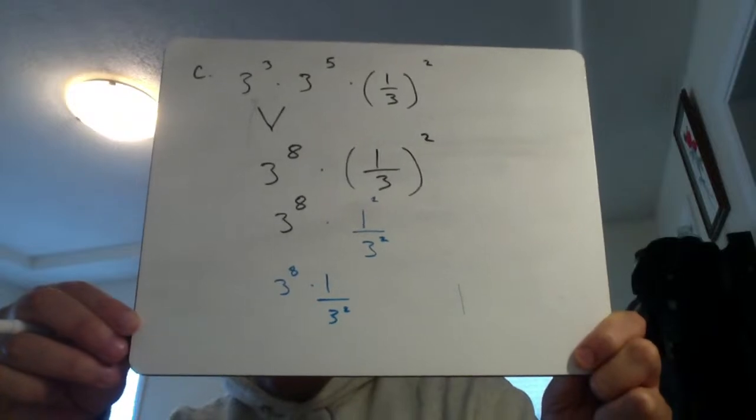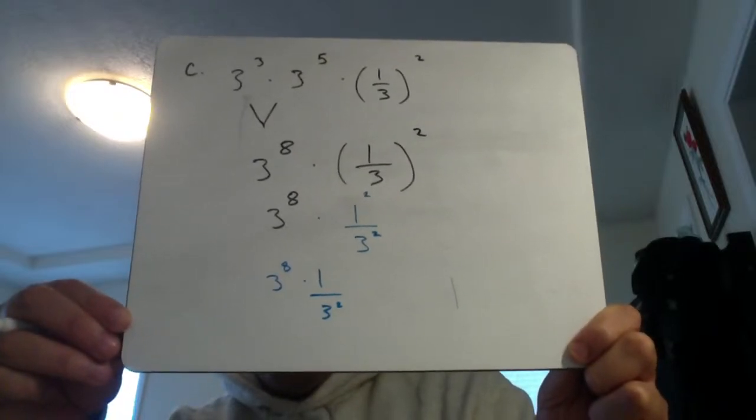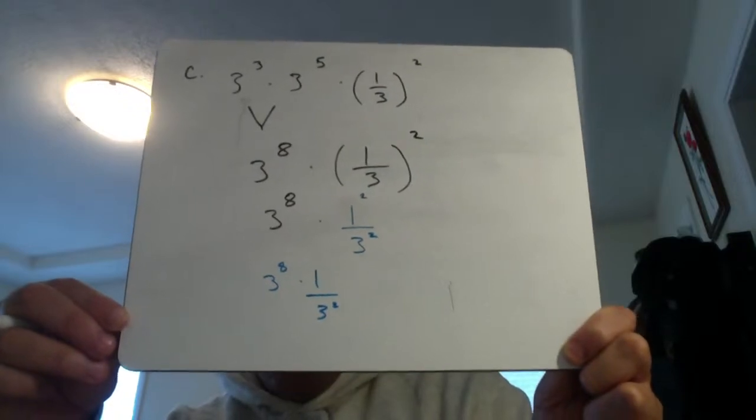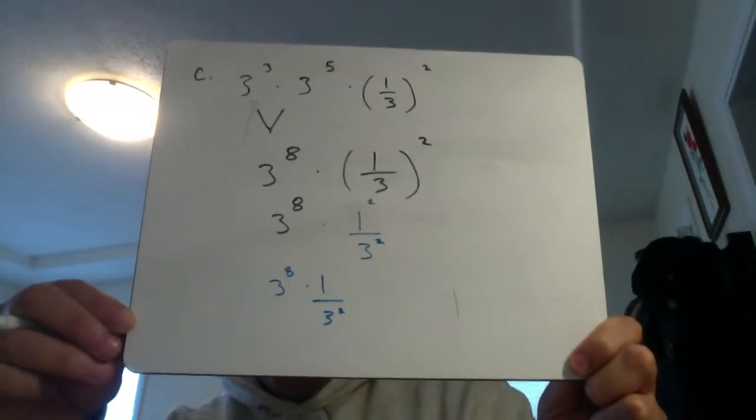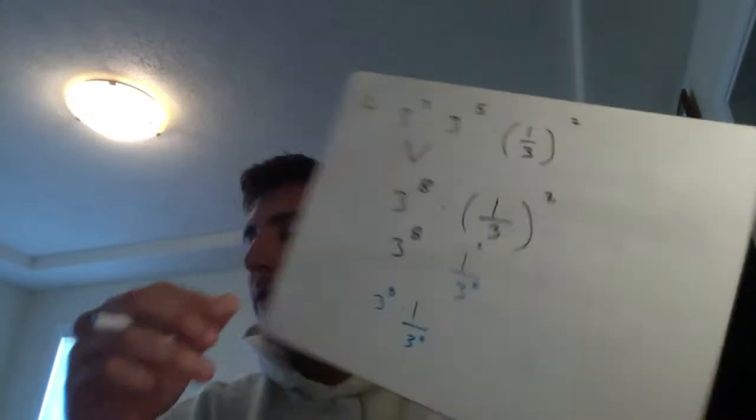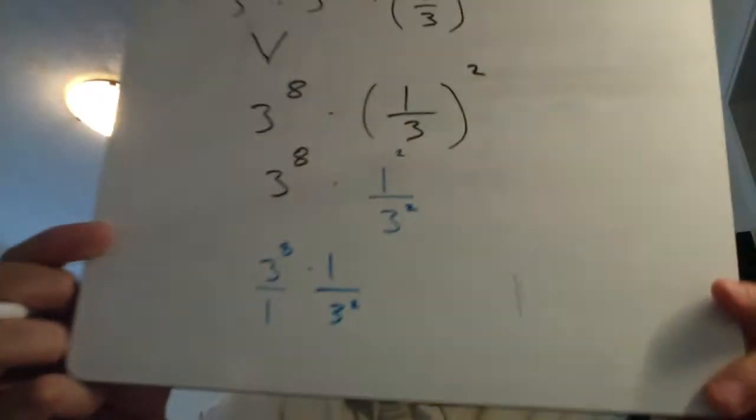Now, we can take this a step further. If we have 3 to the eighth power times 1 over 3 squared, we know 3 to the eighth power can be written as a fraction over 1, right?